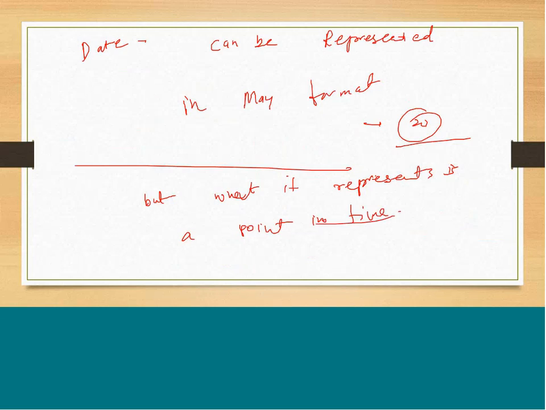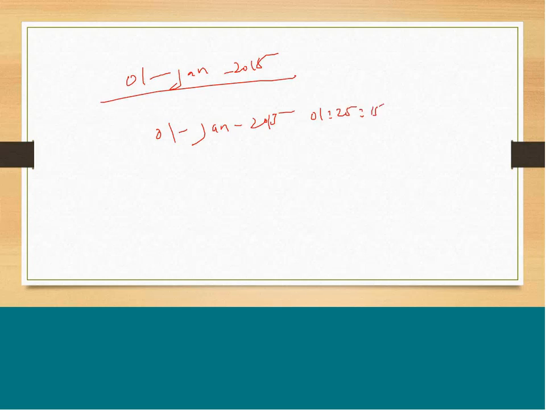It just represents a point in time. So earlier it was representing 1st of January 2015. It is just a point in time when we are storing it in a date field. And there is an option to store the time along with date as well: 1st of January 2015, 1 AM, 25 minutes, 15 seconds.